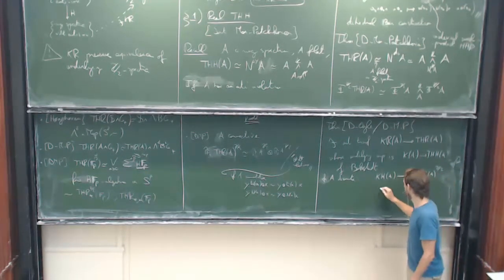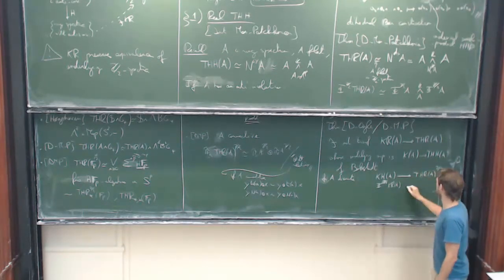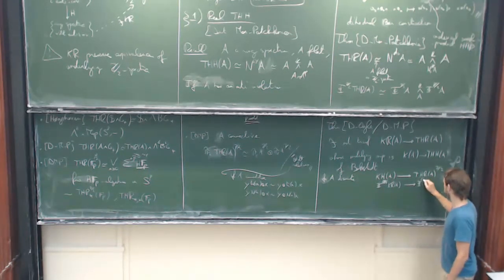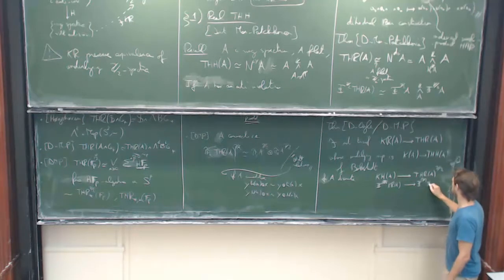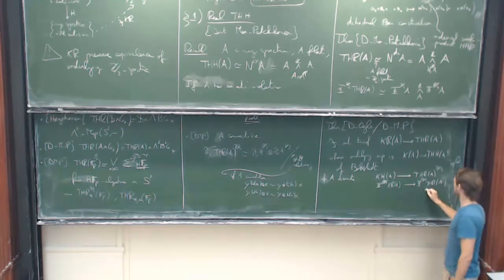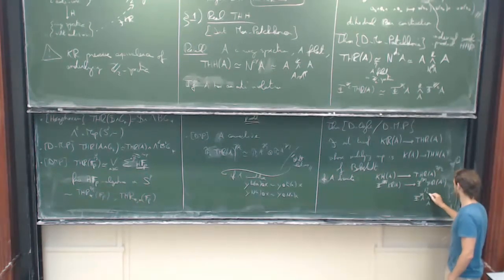And, well, we get a map from the geometric fixed points of real K-theory to the geometric fixed points of THH. Now this we calculated here is this mesh product derived.